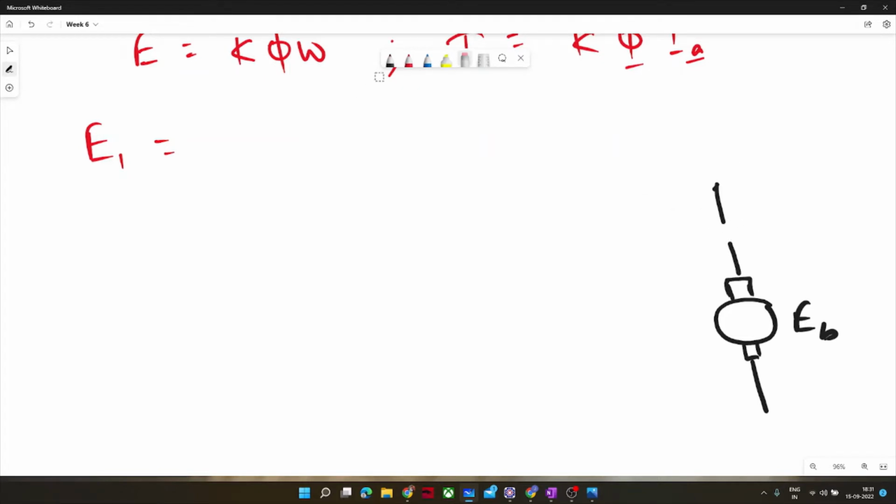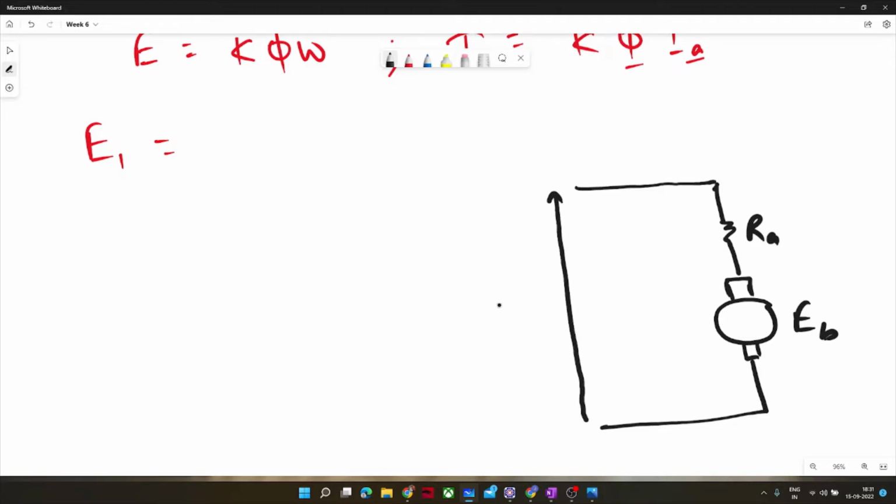So there will be some RA. This is terminal voltage, and since it is a motor, current will be drawn from the supply. As you know, in a motor you have control on how much supply you give.